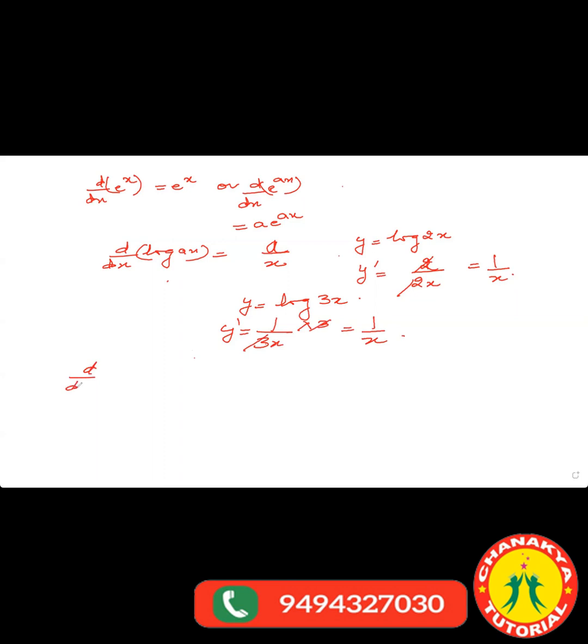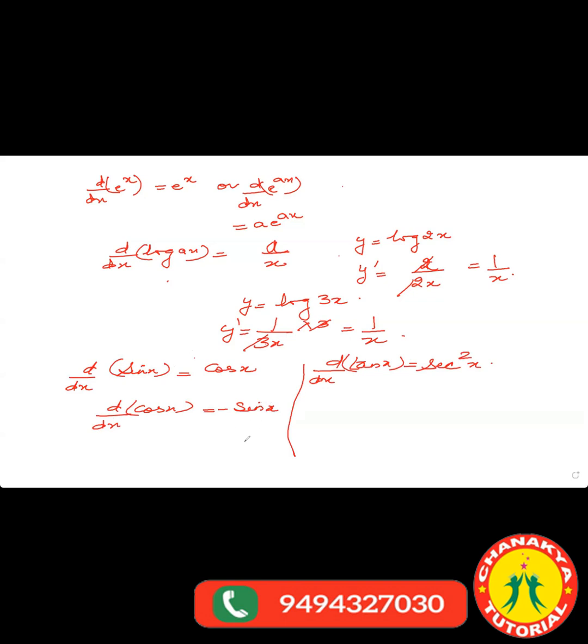Now next is differentiation of sin x. Differentiation of sin x is always equal to cos x. Differentiation of cos x is equal to minus sin x. Differentiation of tan x is equal to secant square x.